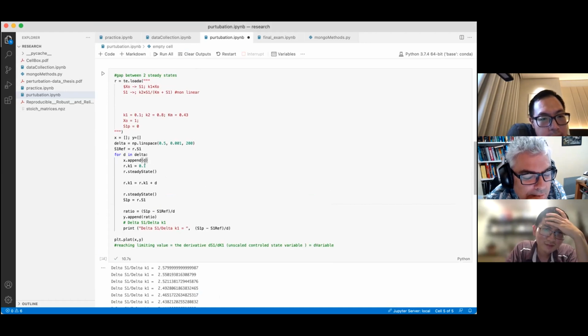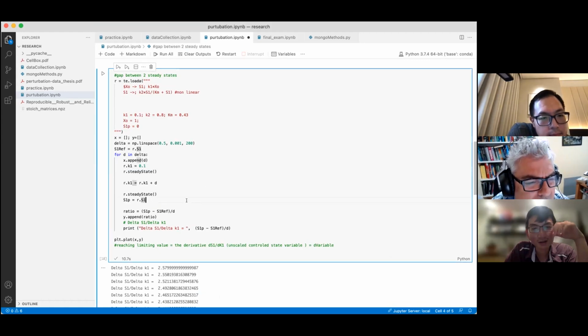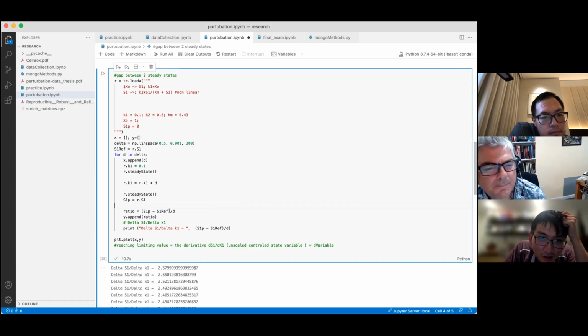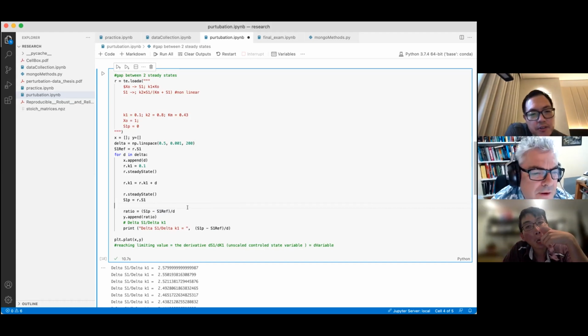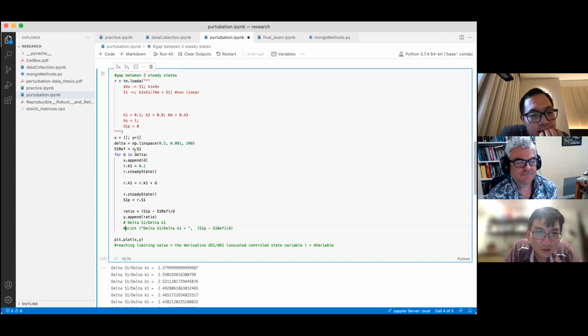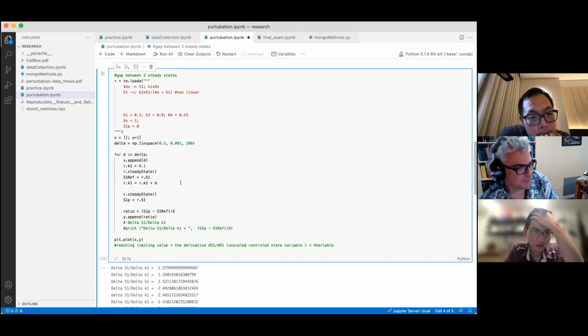I reset X, and then I reset delta. Append. And then ratio. Is it this one? Your ratio S1 ref is wrong. You should compute the steady state first. You can either put it inside or compute the steady state outside, like I did.